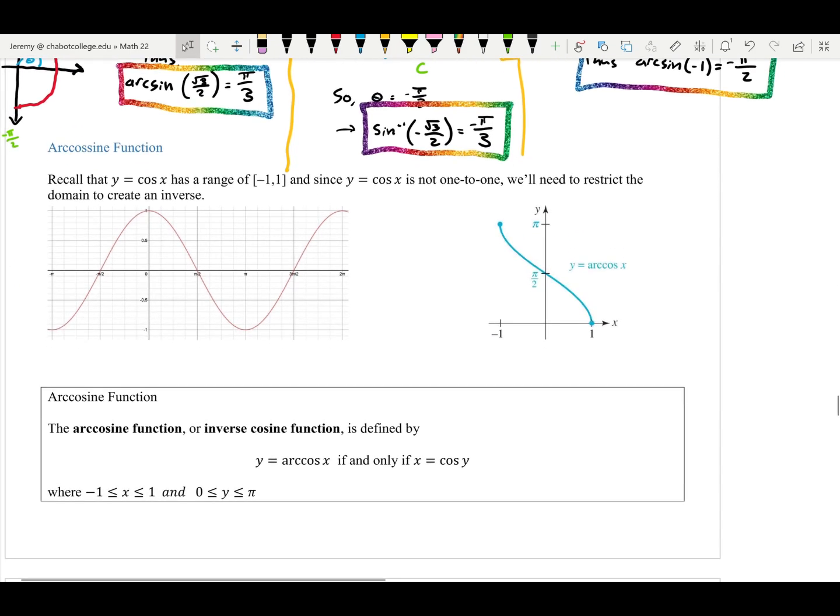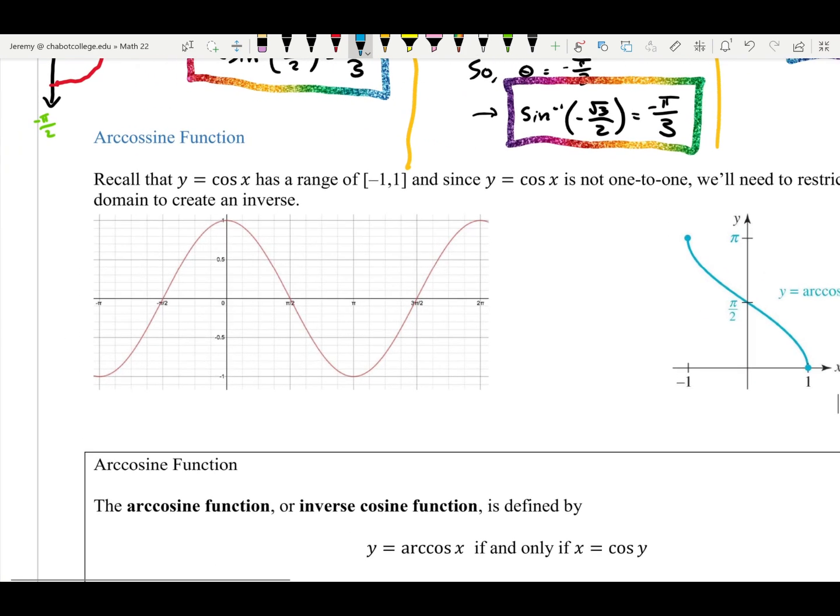Now, what about arc cosine functions? Oh, a little typo here. That should just be one S there. So recall that y equals cosine of x also has a range from negative 1 to positive 1, and it's also not one-to-one. So we're going to have to restrict the domain again.